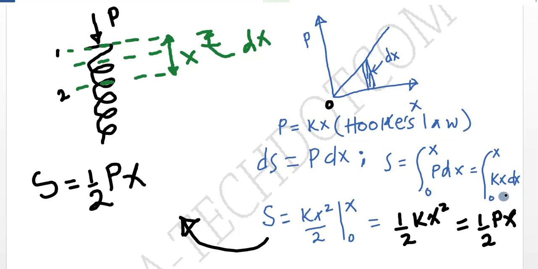If I integrate Kx with respect to x, then I will have Kx squared over 2, and I put in my limits from 0 to X, I will have a half Kx squared.